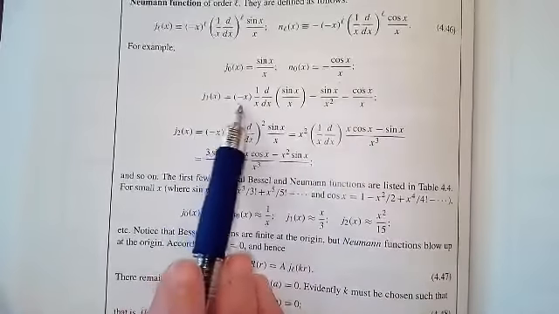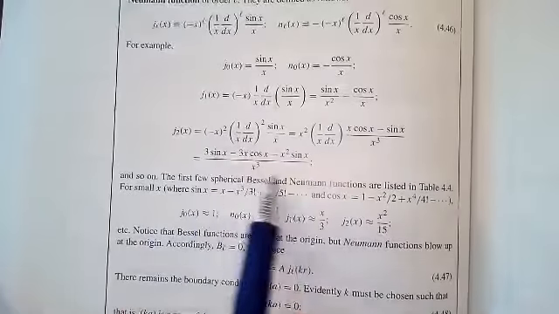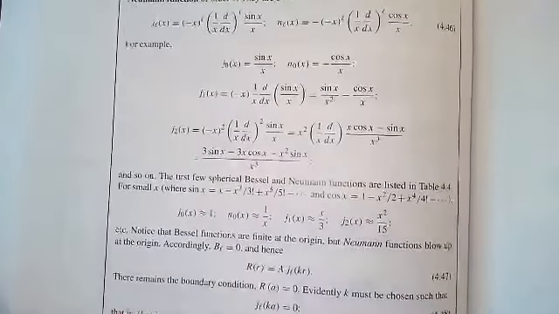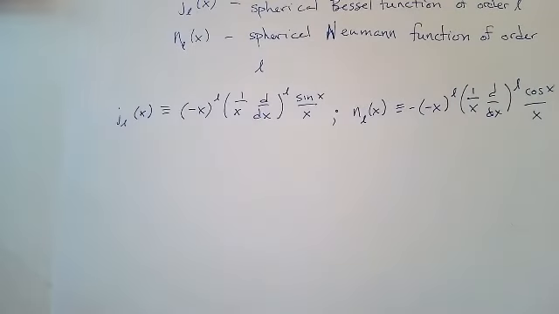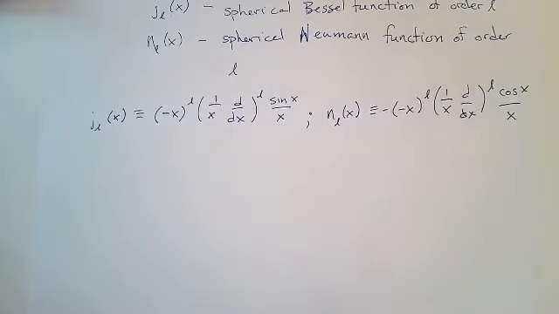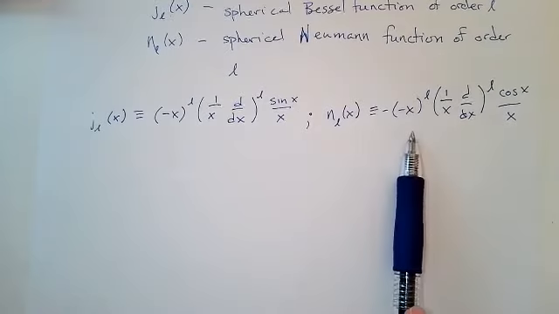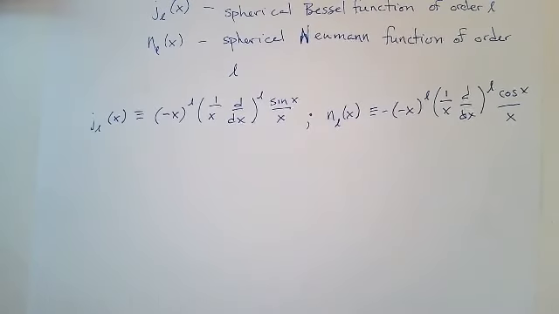Where l equals 1, it gets much more complicated, l equals 2 even more complicated, right? And so on. So the first few spherical Bessel and Neumann functions are listed in a table in your textbook for quick and easy reference. But if you need to just figure them out on your own, there is a very logical way to figure them out.